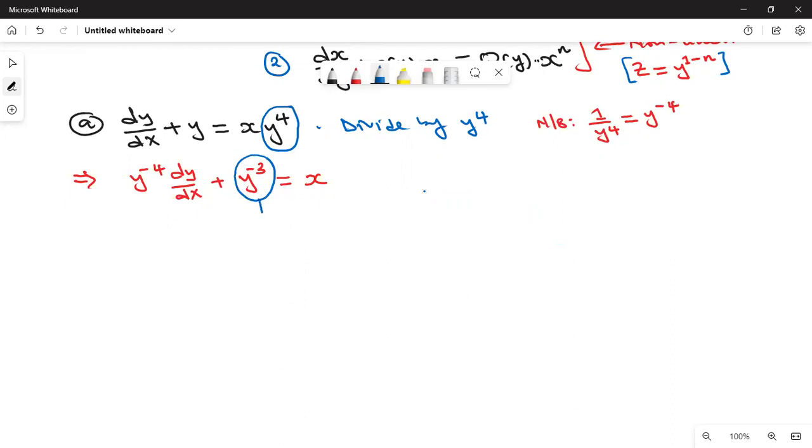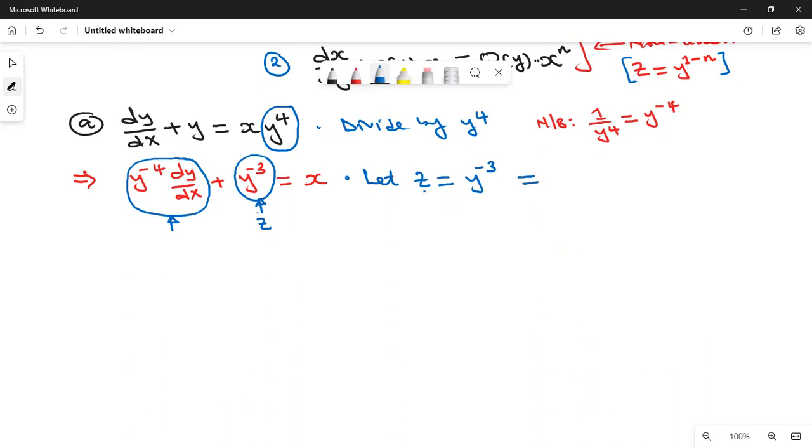If you let this be equal to z, what should this term look like in terms of z? We need to replace those two terms. So we start by saying let z be equal to y raised to negative 3.